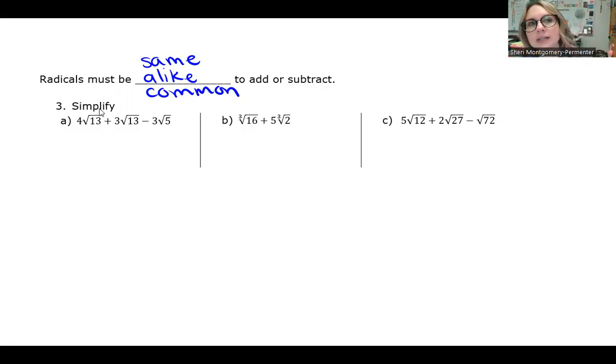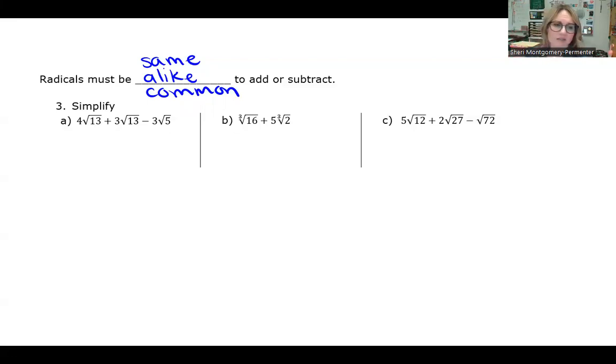So when we look through here for part A, these two are alike. They both have square root 13, but this one has square root 5. So these two are alike. This one is different. If you have one that's different, you have to ask yourself, could I change the square root 5? Could I simplify it in some way to make it the square root 13?